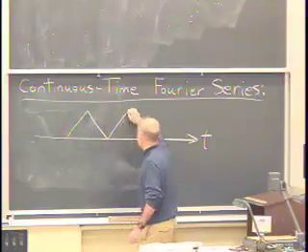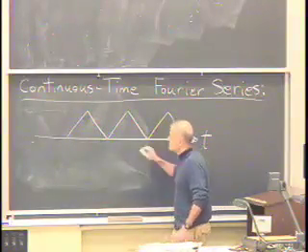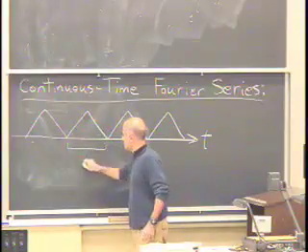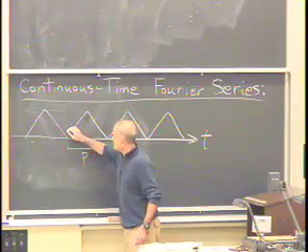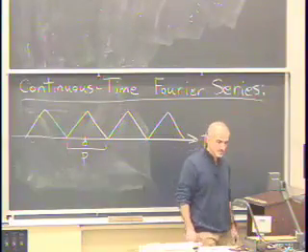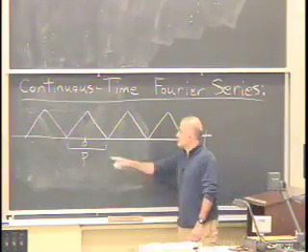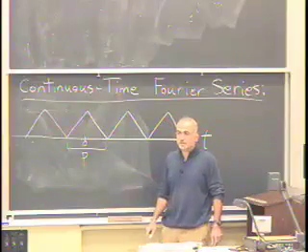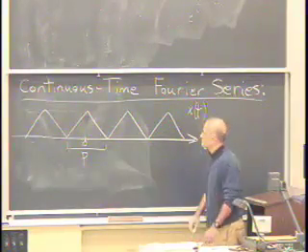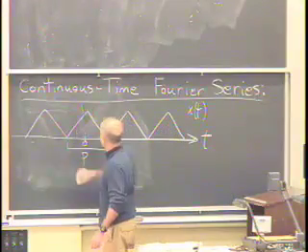So here is a triangular waveform. This is one period. Let's say I put the origin of the timeline smack in the middle of the triangle, and let's say the peak values are 1.